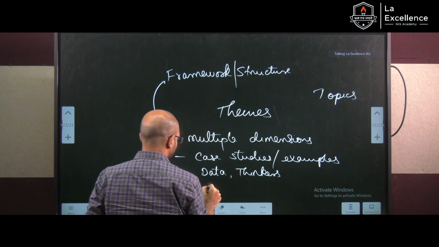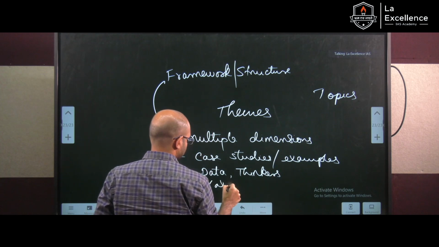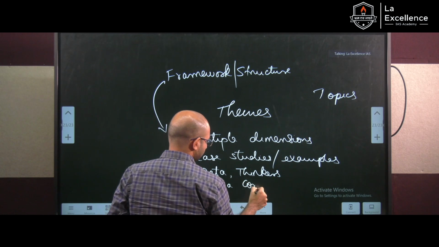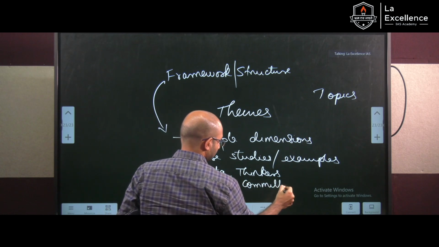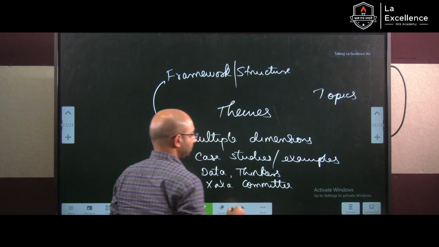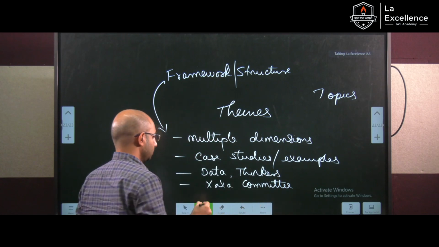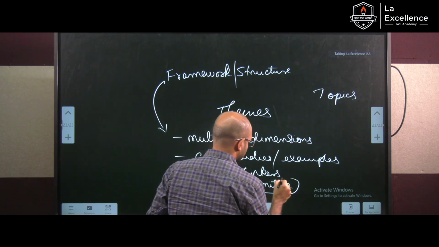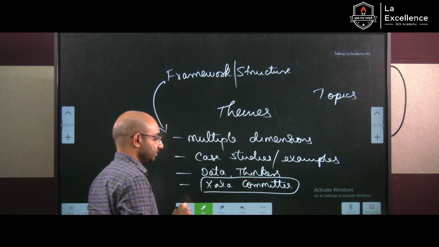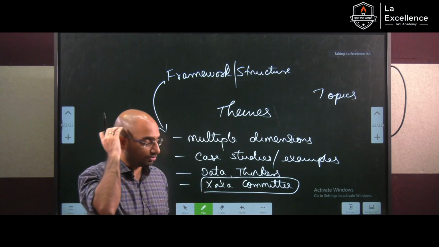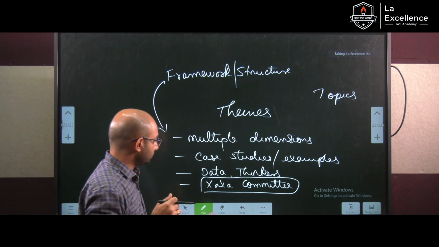And a lot of you are not including this committee report, the Xaxa committee. This has to be your primary source to get all the information on tribes. I'm surprised why many students have left out the Xaxa committee. This must be a primary source to get your information, get data, get examples.